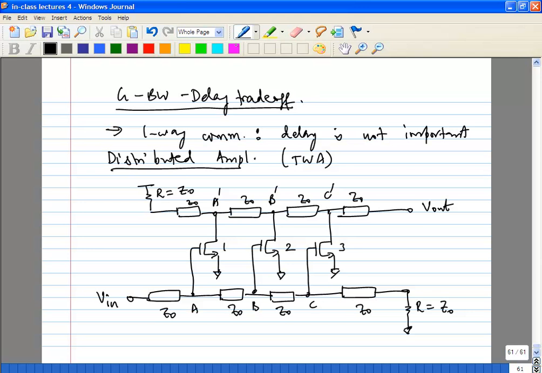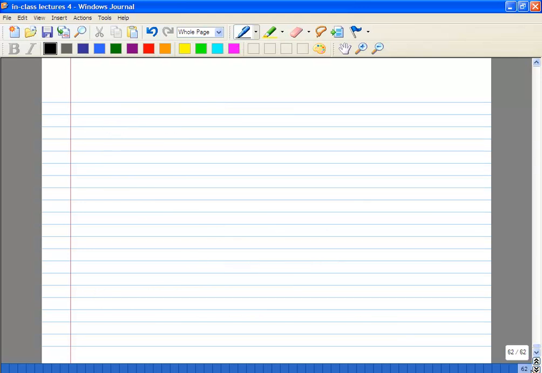Similarly at the third point, so you can keep having a large number of stages. So the overall gain of an n-stage distributed amplifier is nothing but n times gm Z0 over 2.